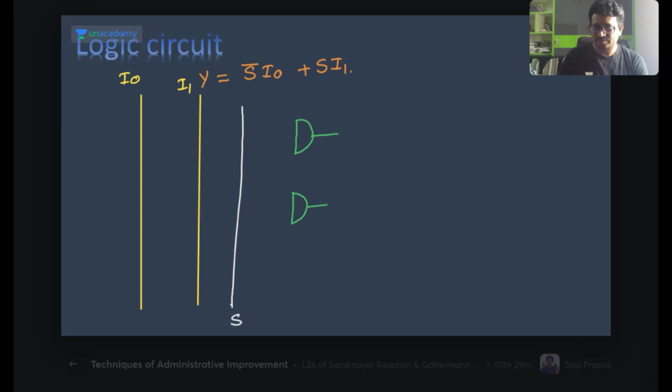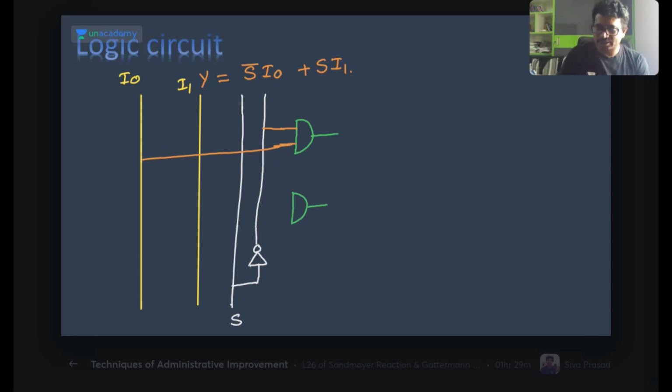This is S and this is S bar. You can tell me the connections now here. For this first AND gate, what are the connections we have? It is S bar into I naught. Here is S bar and here is I naught.